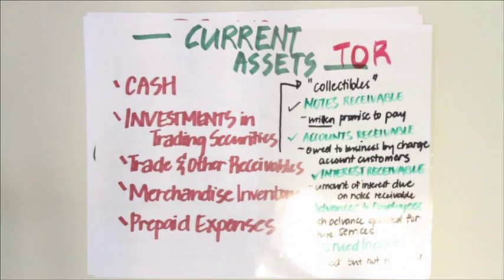Next is your trade and other receivables. These are comprised of whatever collectibles your business may have. Typically, it is composed of your notes receivables, accounts receivable, interest receivables, and advances to employees. Notes receivables are written promises to pay cash to your business.